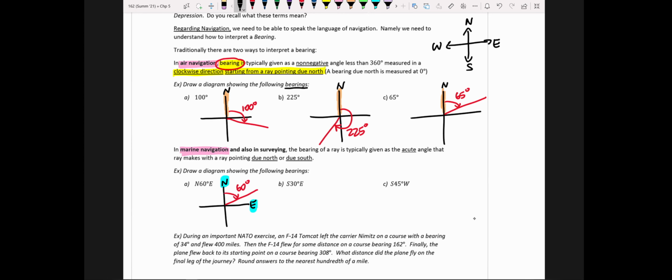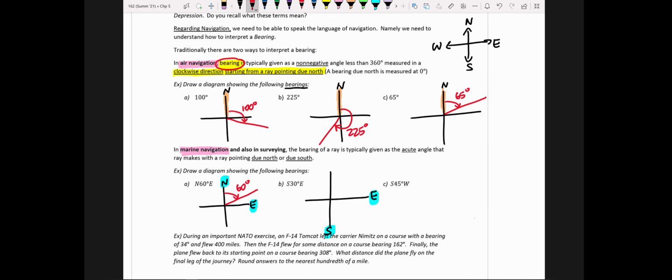The next one, if we're going southeast, I'm going to highlight here southeast. East is this direction. Southeast. So we always start in the north-south lines and then travel towards east or west.